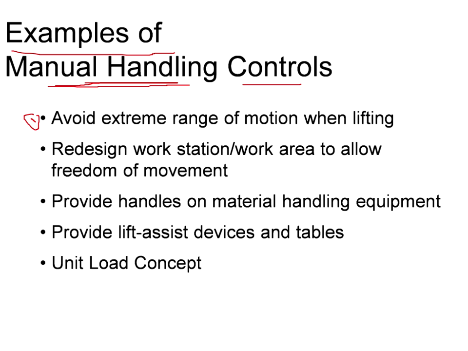And next, the examples of manual handling controls. How to control manual handling? Some examples I have given here. Number one, avoid extreme range of motion. Don't move more than required.